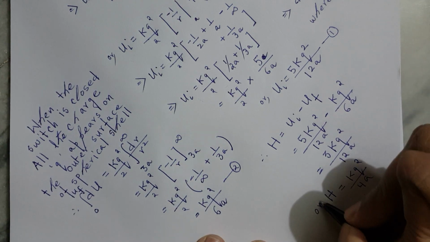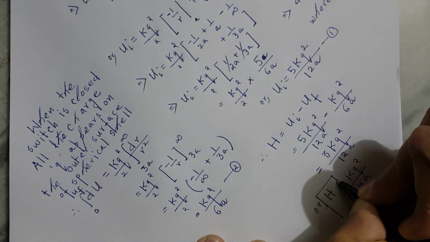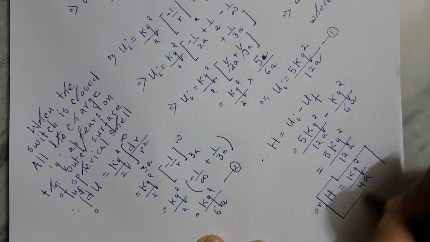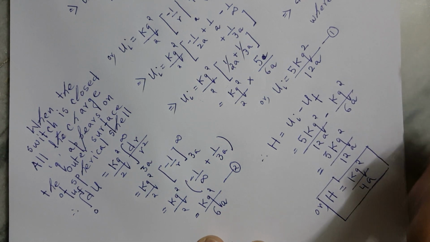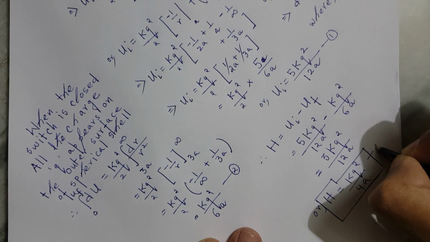So this is your final result. So how much heat is produced? The amount of heat produced is kq square by 4a.